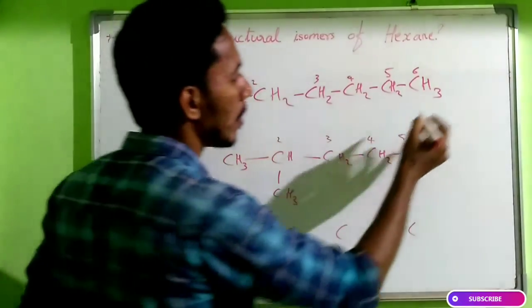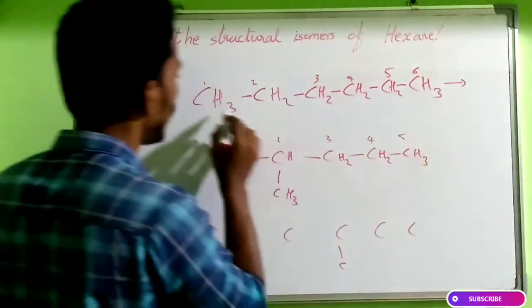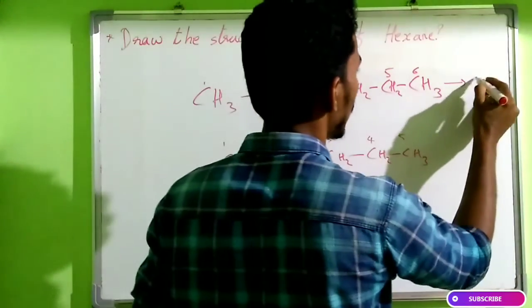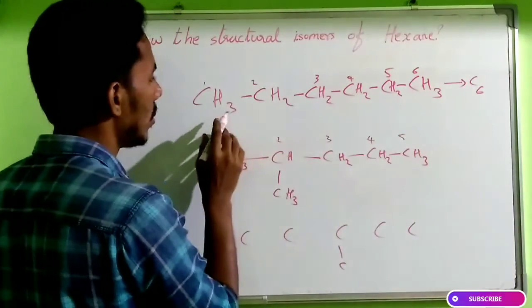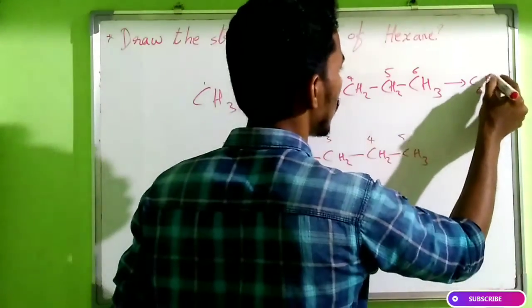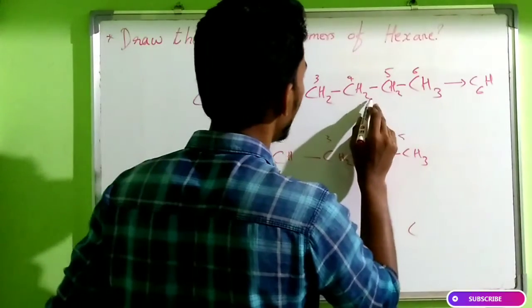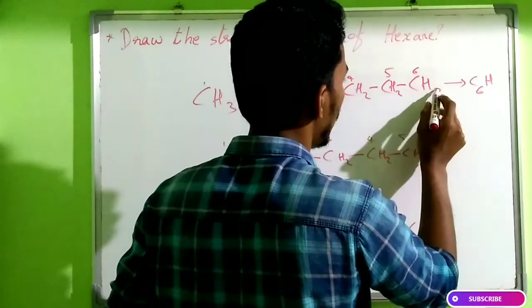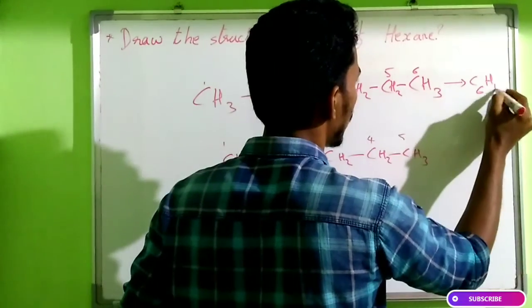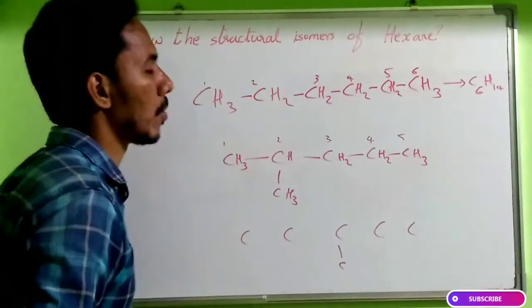Here the molecular formula: C6. Then how many hydrogen atoms? 3, 5, then 7, 9, 11, 12, 13, 14.